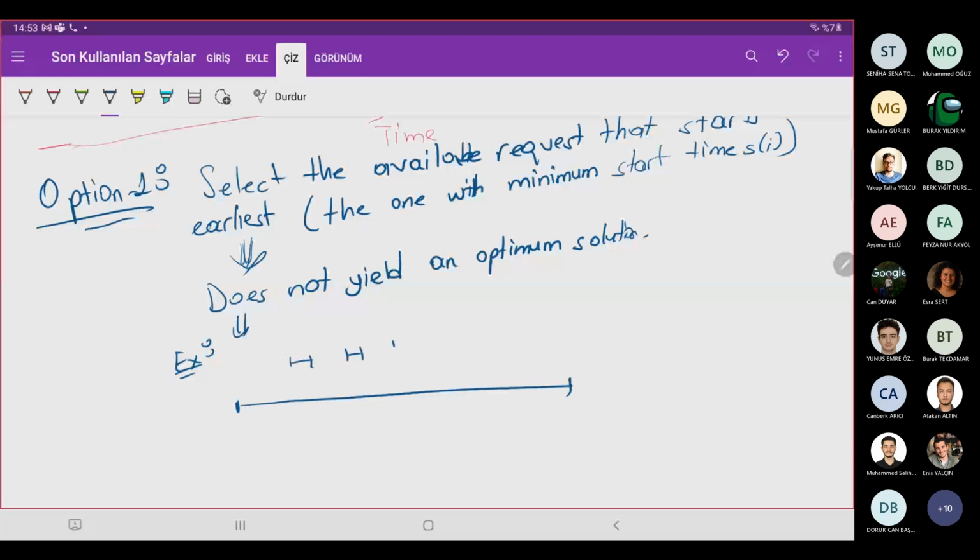All the remaining are later maybe, but they all overlap with this one. So if you schedule this one, then you have to reject all the remaining. But instead, if you rejected this one, then you would be able to choose at least 4 of them, okay? So if the earliest request is for a very long interval, then the algorithm fails.